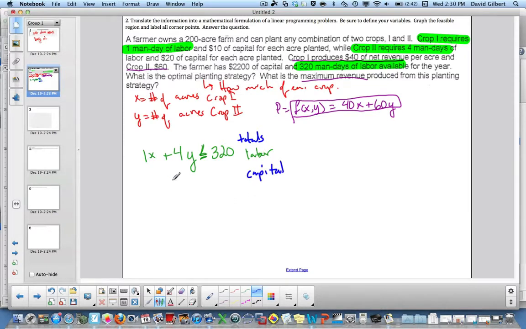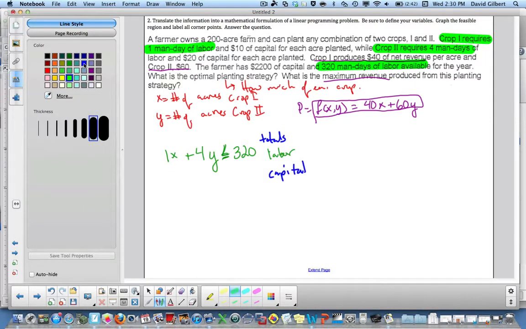Alright, so the capital is $10 for each, oh that's awful, sorry about that. $10 of capital for crop 1 and $20 of capital for crop 2.